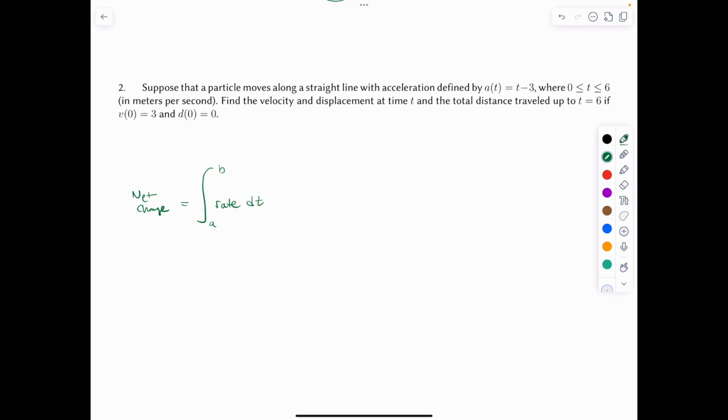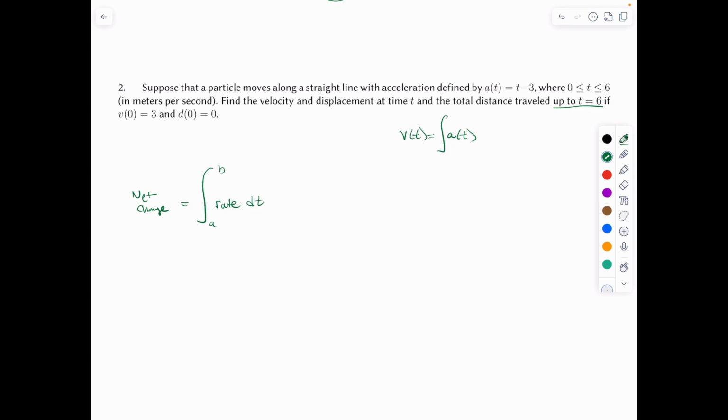Okay, so this one we can use this net change theorem for sure, because we're going to start off, we have our acceleration, and we want to figure out the velocity. So let's see, v of t is the integral of a of t, up to time t equals 6. Well, let's actually just get our functions.